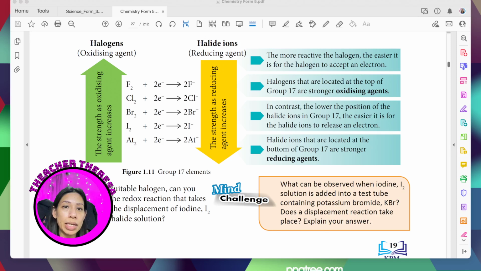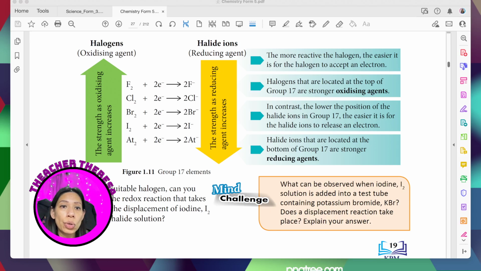As you go down group 17, the reactivity will decrease, because of the size of the atom increasing going down the group. So when you have a bigger size for non-metal, the tendency to attract electron reduces. So the atom that is located above in group 17 is more electronegative or more reactive.